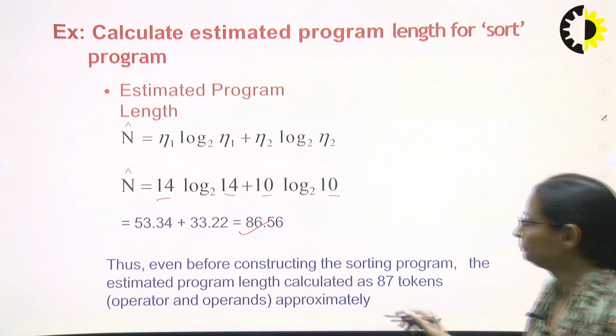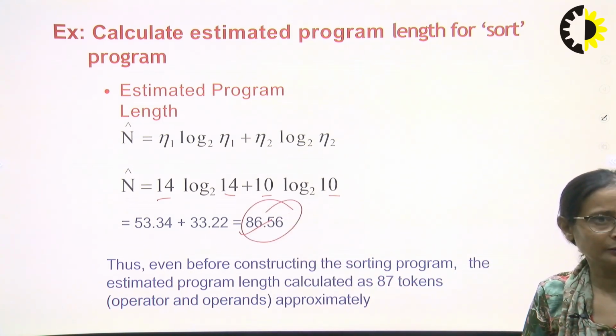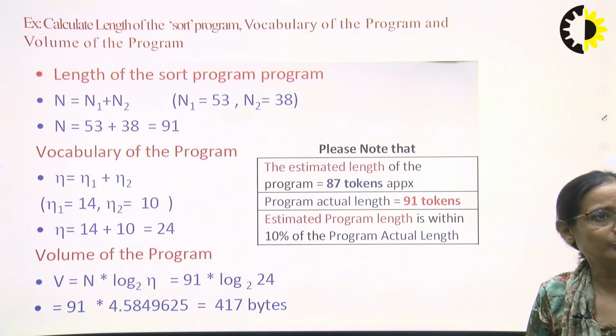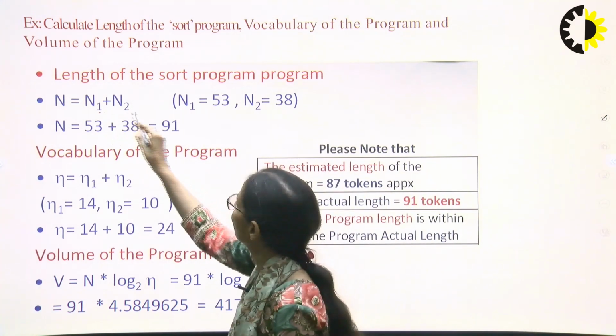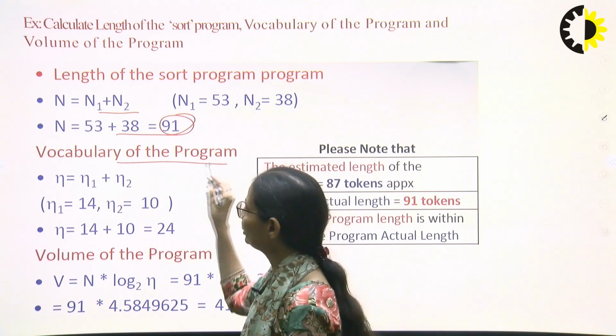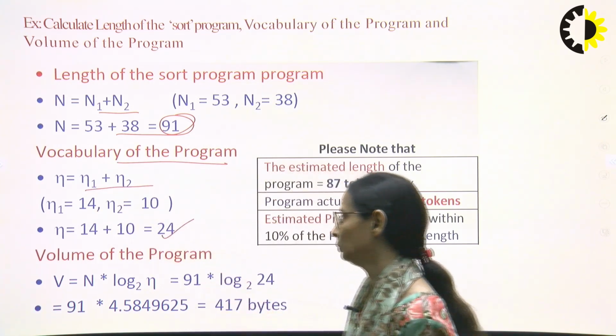We need to go with the integer part. When we calculate the length of the sort program, N is N1 plus N2, and now I am getting 91. The vocabulary of the program, eta 1 plus eta 2, comes out to be 24.